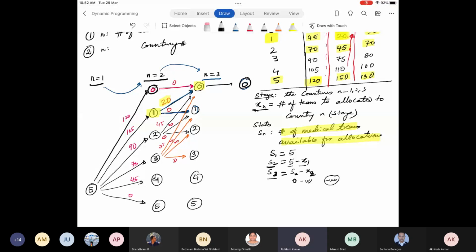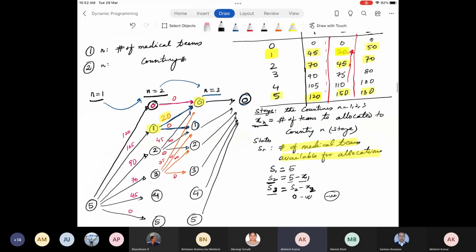Now you can link all these. So if I am going from 0 to 0, what is the life expectancy increase? 0. If you allocated one team, then 50, then 70, then 80, then 100 and 130. Clear? Yes, sir.